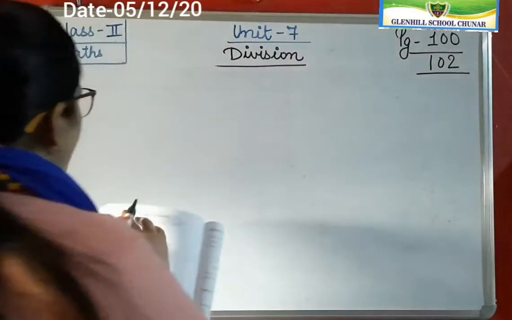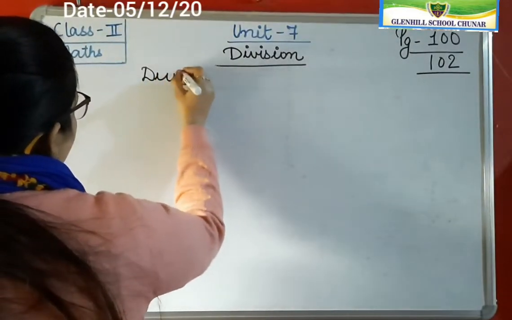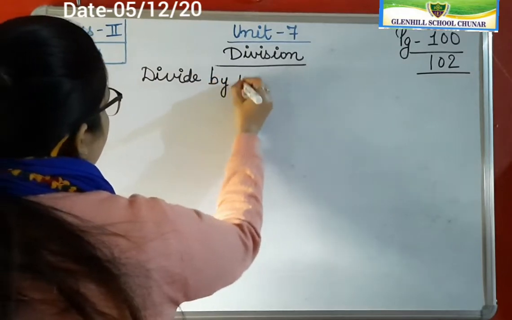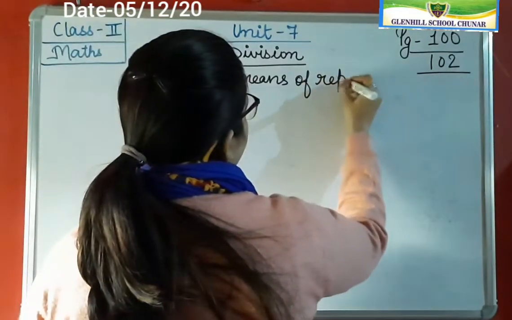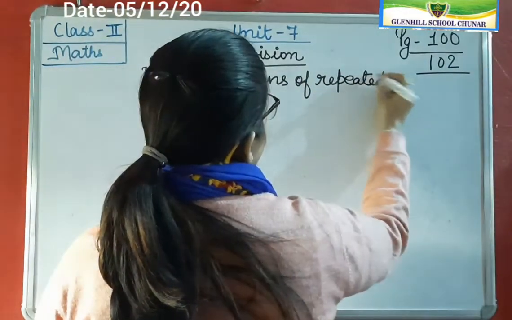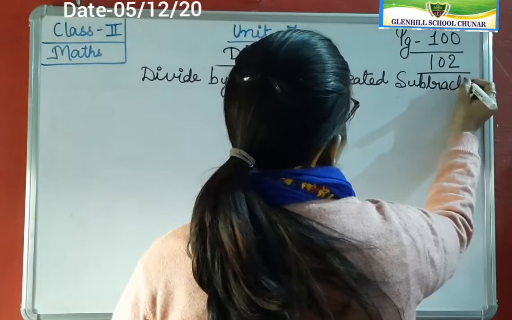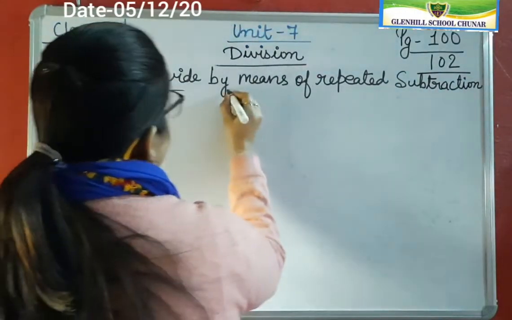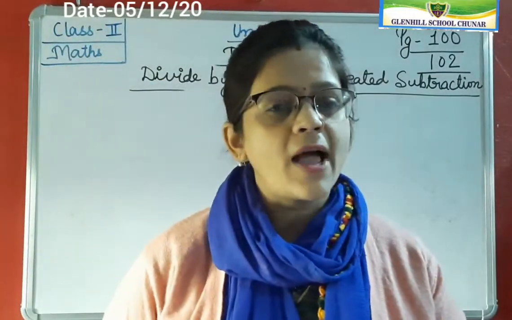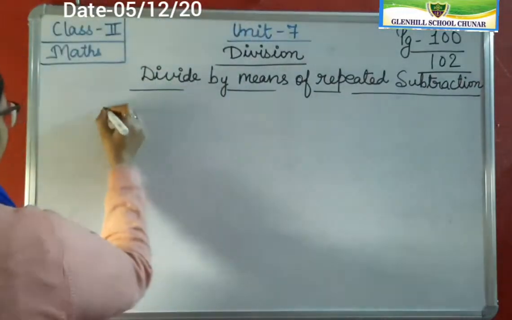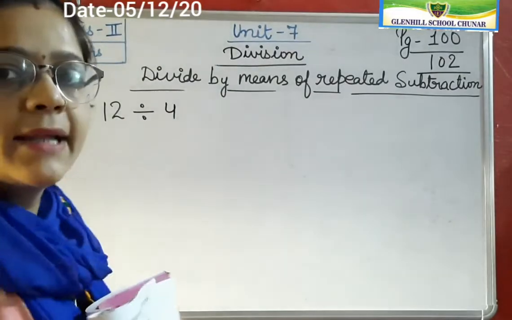Here it is given, divide by means of repeated subtraction. So here you can see 12 divided by 4. This you have to do by repeated subtraction.